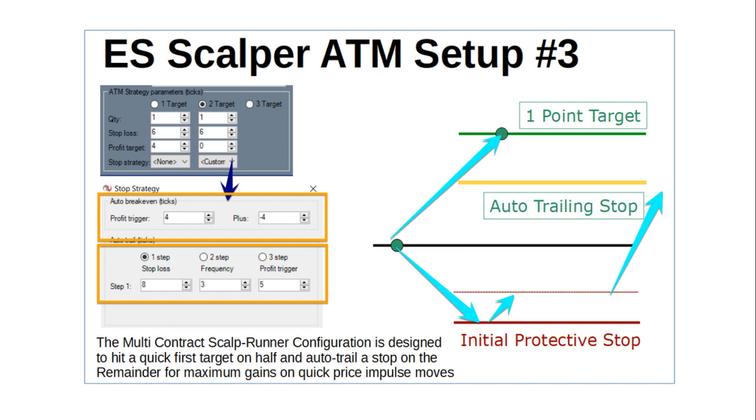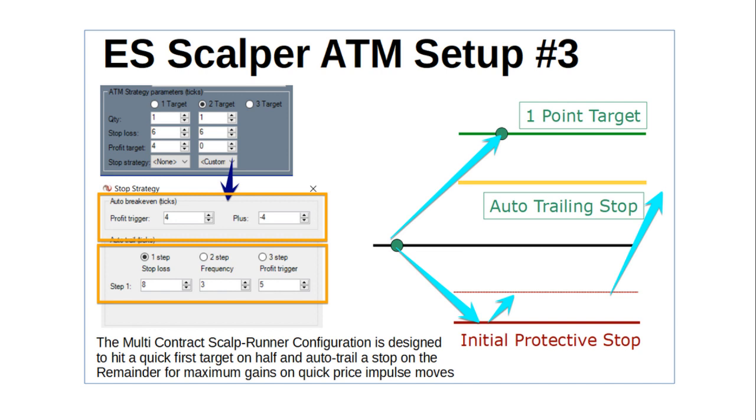Now notice in this one on the first contract over on the left, you can see at the top, profit target 4. What that's saying is when you hit 4, let's look at the custom tab there, which opens up another window. See, it says profit target 4. So it's going to pull off the first contract and exit at 4 ticks, a point.